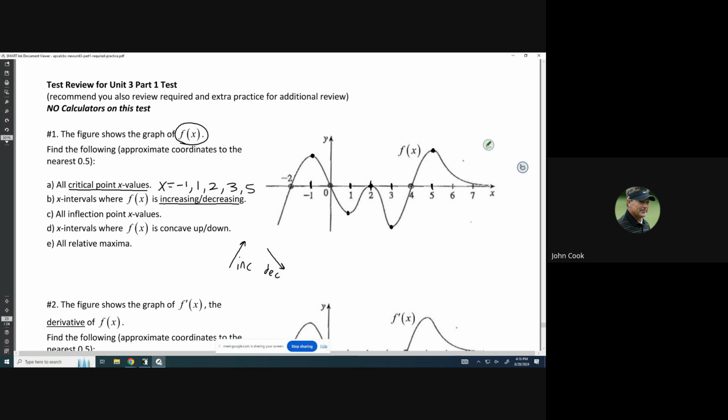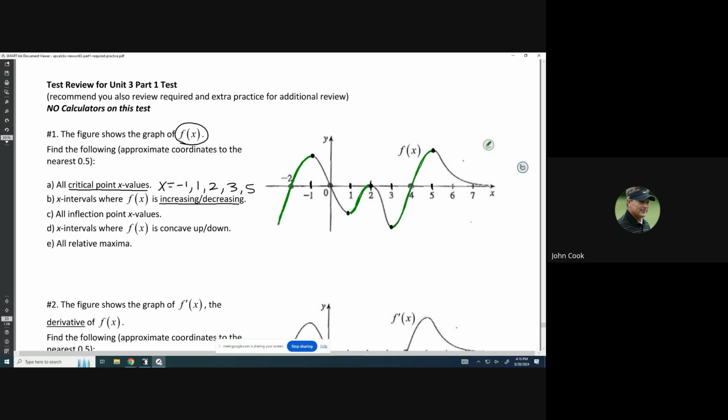The parts where it's going up and to the right, or increasing, are right here, until there, and then over there, and then another spot right there. These are all the places where the graph is increasing.